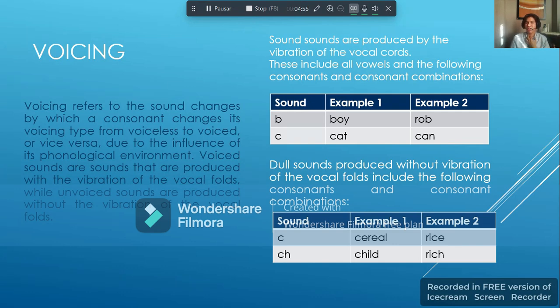We can use the sound C to make the word cereal, rice, like cereal or rice, rice cereal. They're similar. We can use the sound to make the word child, child, and the word rich, child rich, rich child.